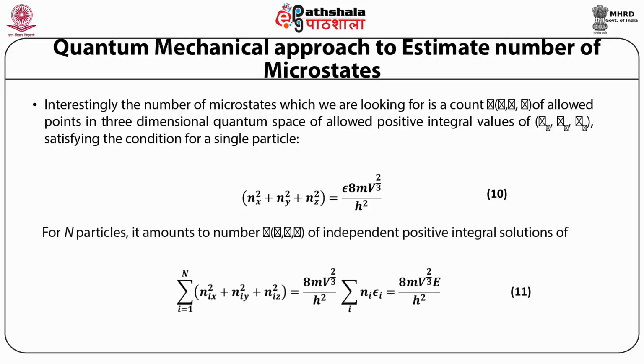For N particles, it amounts to the number omega as a function of N, E and V of independent positive integral solutions of summation over i from 1 to N of n_ix squared plus n_iy squared plus n_iz squared is equal to 8m V raised to power 2 by 3 divided by Planck's constant squared multiplied by summation over i of N_i epsilon_i, which is equal to 8m V raised to power 2 by 3 E divided by Planck's constant squared.